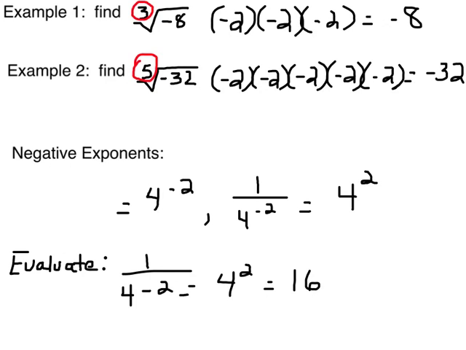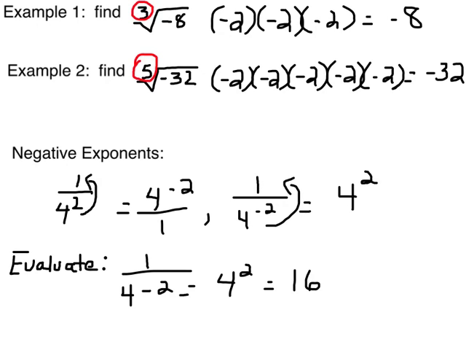The reciprocal of that is 4 to the negative second over 1. So when you move this exponent up or down, it's going to change the sign of it. Alright? So in the same token here, when I move this up, it's going to become a positive 2. So we'll have 4 squared.